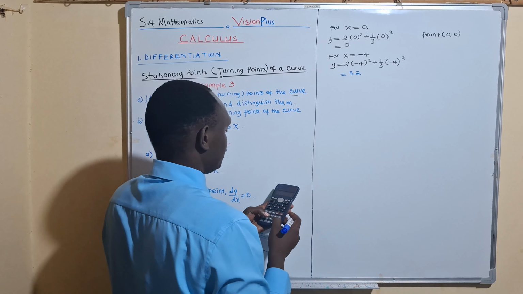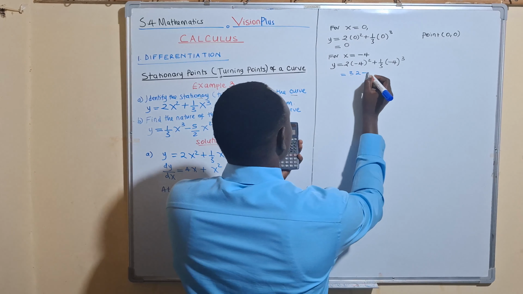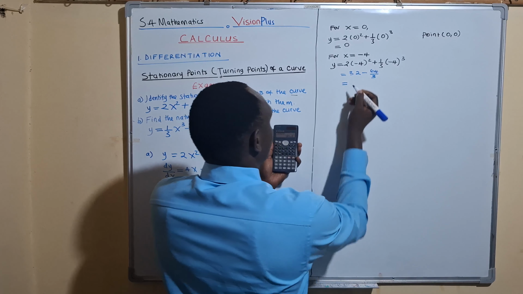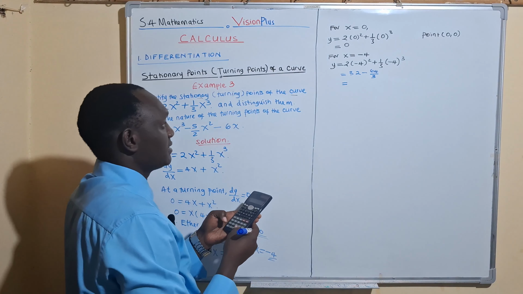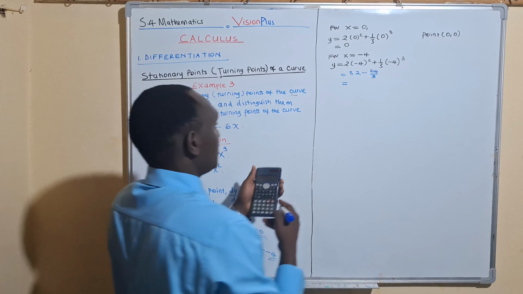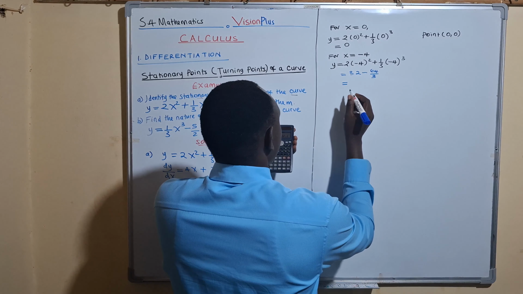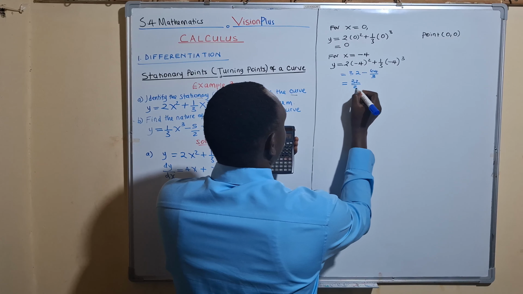Divided by 3, it is a fraction, so we have negative 64 out of 3. And then you subtract: 32 minus 64 over 3. I'm getting 32 out of 3.